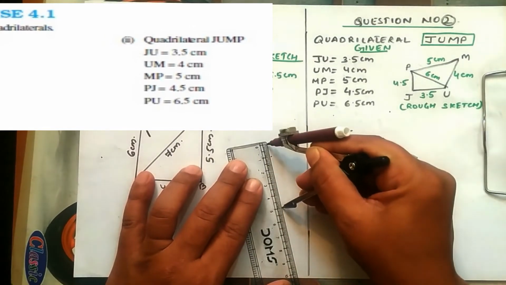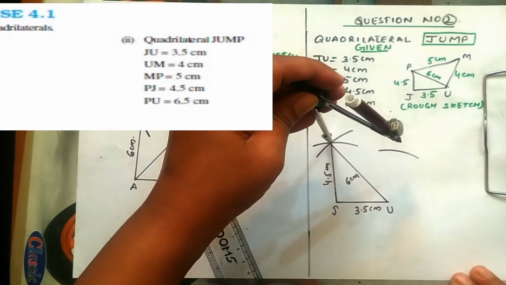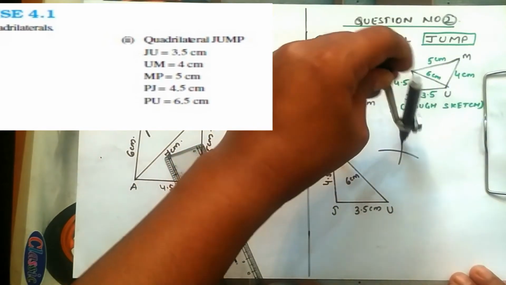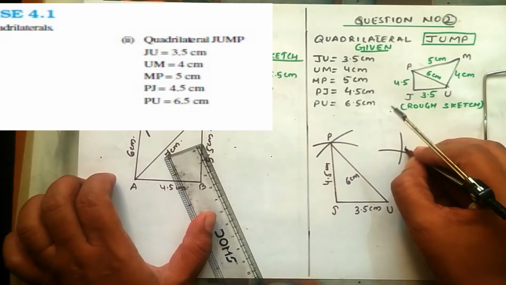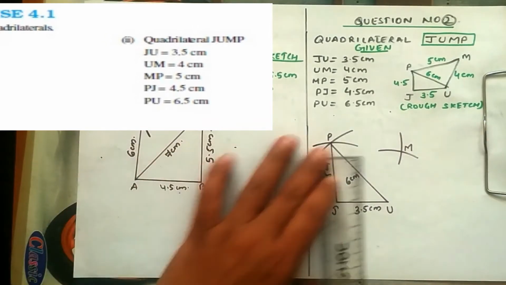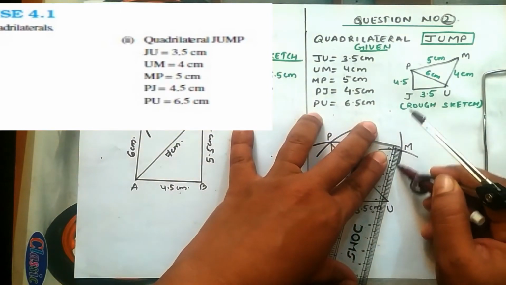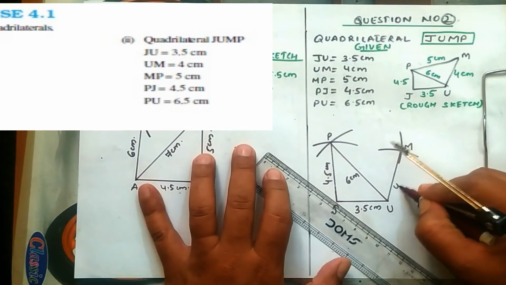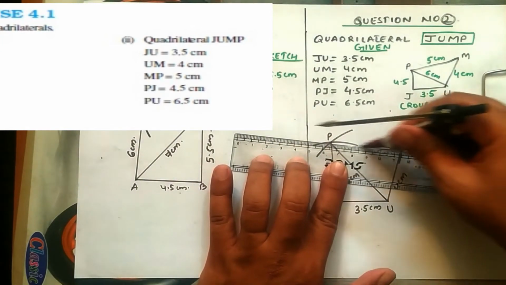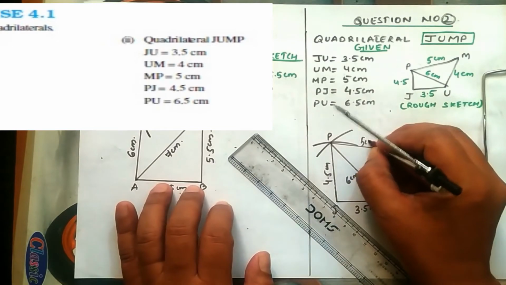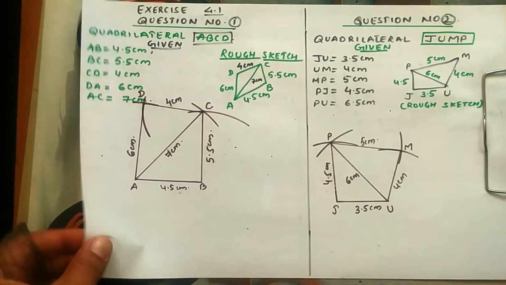So PM is a measurement of 5 centimeter, taking P as a center, drawing an arc, and in this way I got the other intersecting point M. Now I can join the points UM 4 centimeter and PM 5 centimeter, and in this way I have completed my 2 questions of the NCERT.